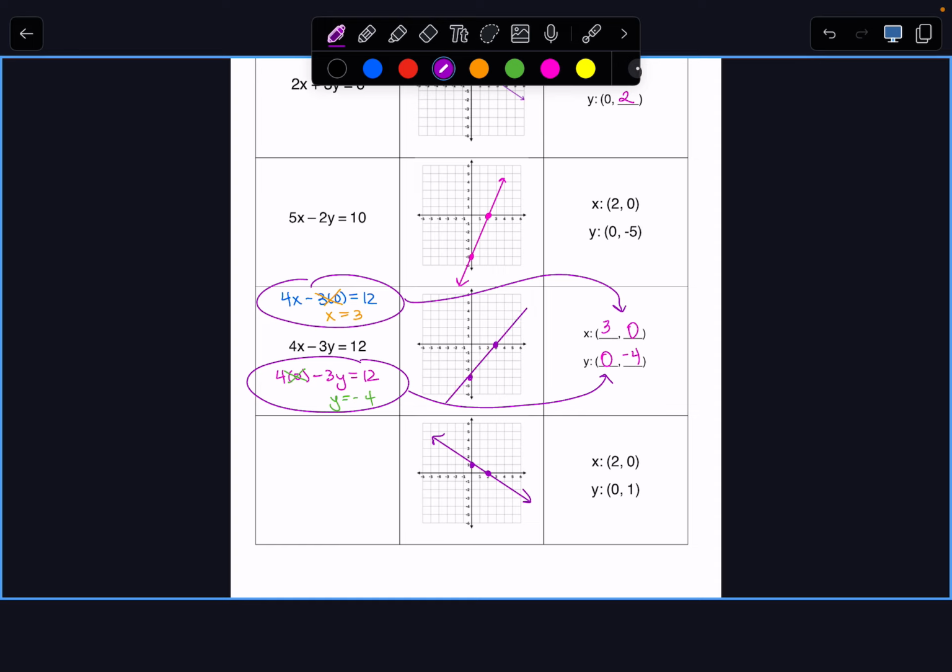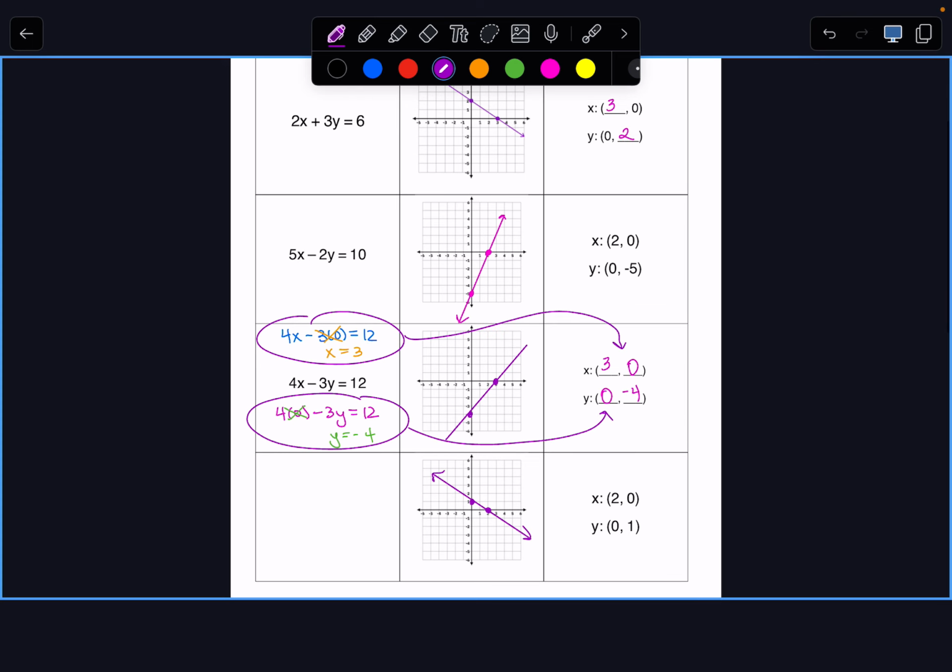Based on the lines, some are falling, some are rising. Does this need to have a plus sign or a minus sign in between? This needs to have a plus sign in between. Then what I noticed is that you were able to figure out that you needed a 2 over here. Why did you know that?